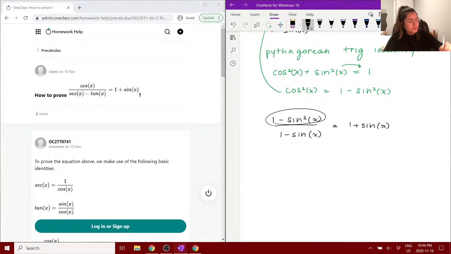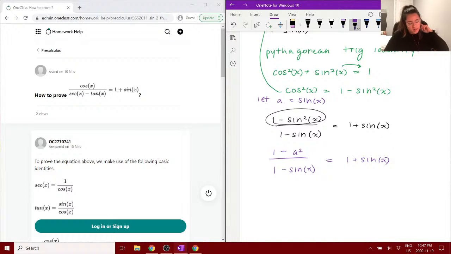If you think about it, like instead of sine of x, you have a. So let's let a equal to sine x. Well, you can think of this alternatively as maybe 1 minus a squared divided by 1 minus sine of x, equal to 1 plus sine x on this side.